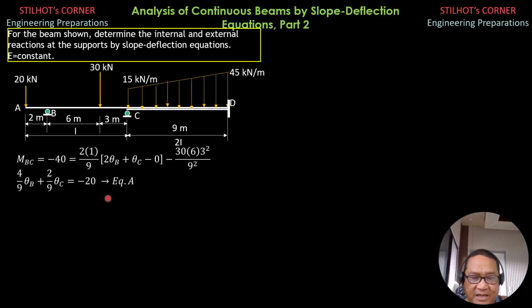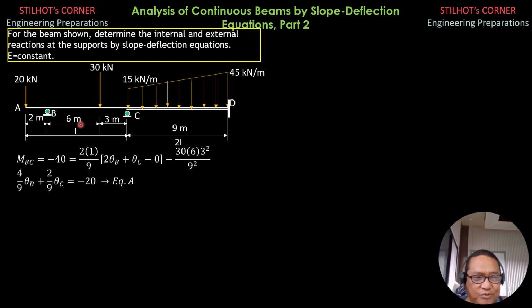This is a very important equation to solve for the rotations theta B and theta C. We then proceed to MCB. Supposedly, the shortcut is just interchange, but I'll set up the equation.